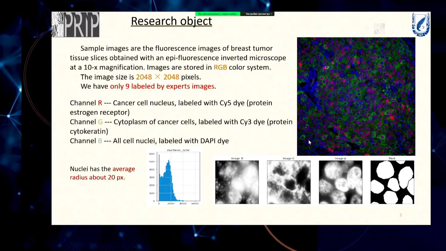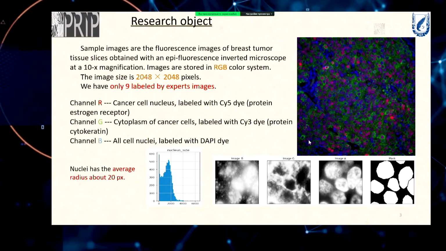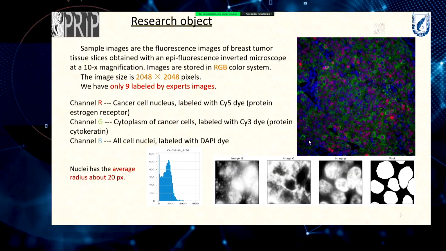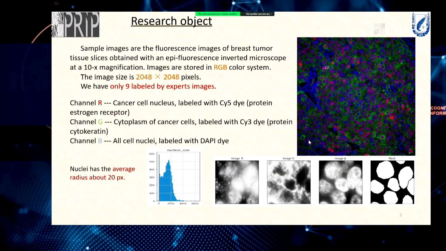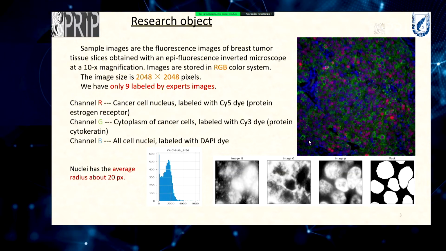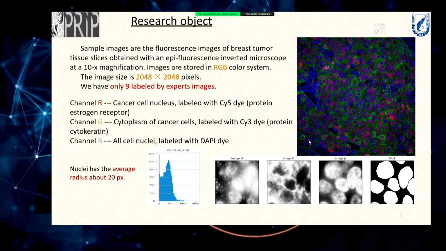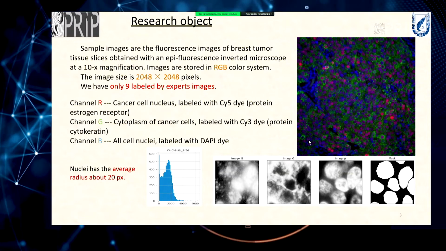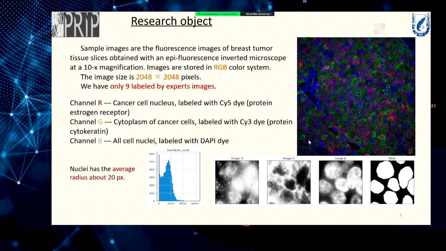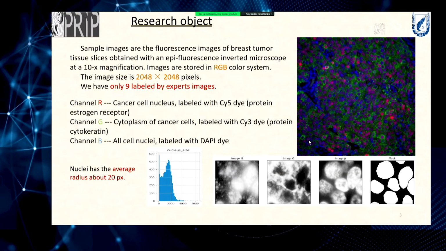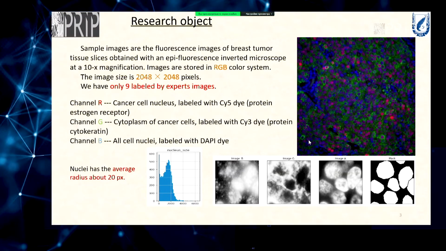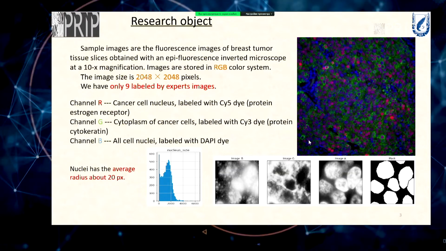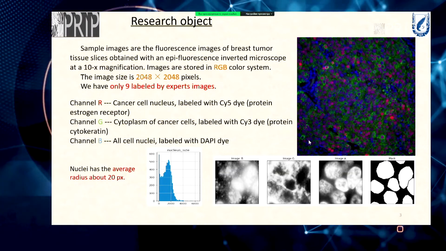And on the bottom, it shows images in 3 channels, RGB, and the masks. And on the left, it shows the histogram of the area of nuclear size. We found that nuclei have an average radius in our research of about 20 pixels.